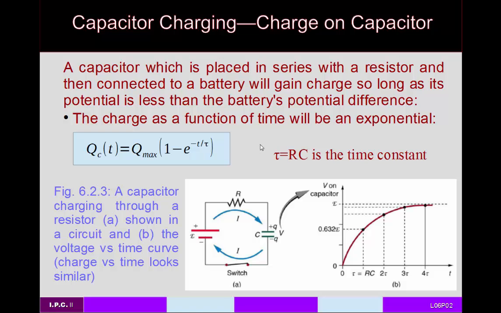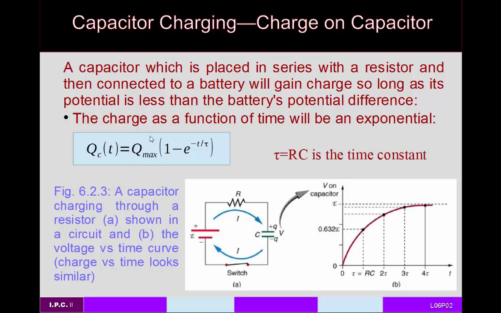So where do each of these terms come from? Well, the tau is called the RC time constant, is the product of the resistance R of the resistor and the capacitance C of the capacitor. This resistance R must also include the internal resistance of the battery. So that's where the tau comes from.